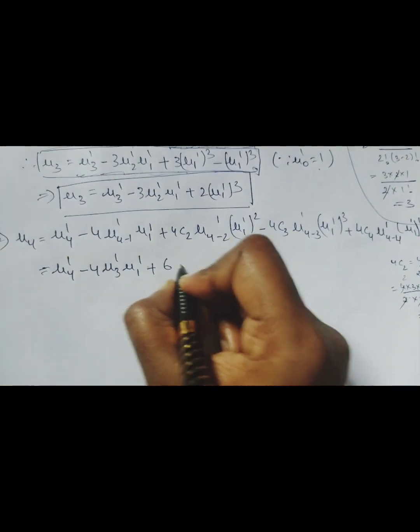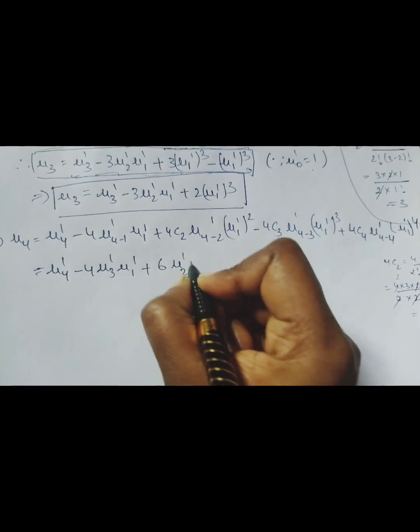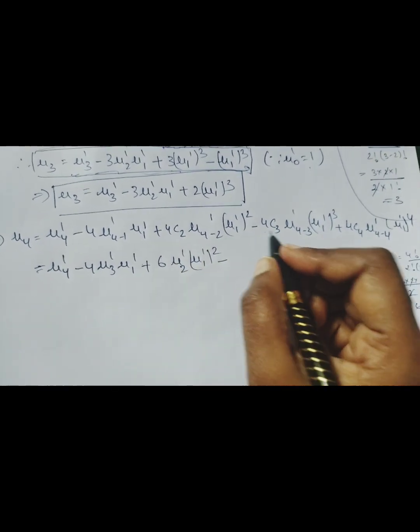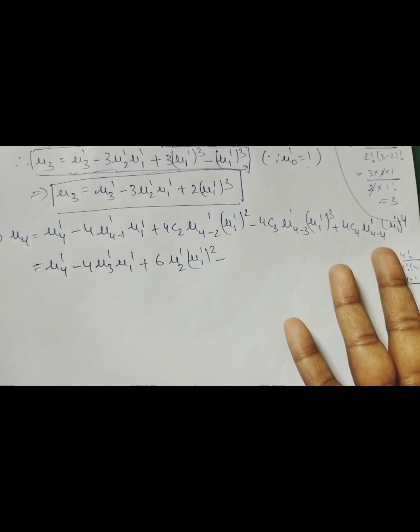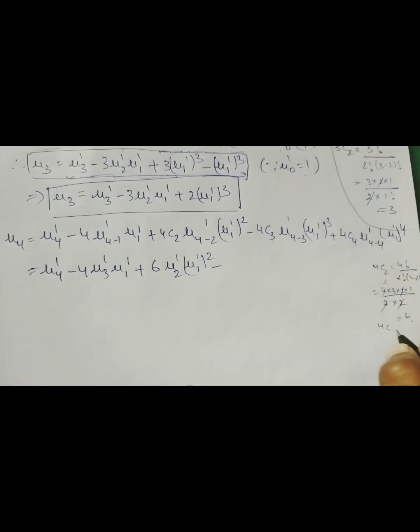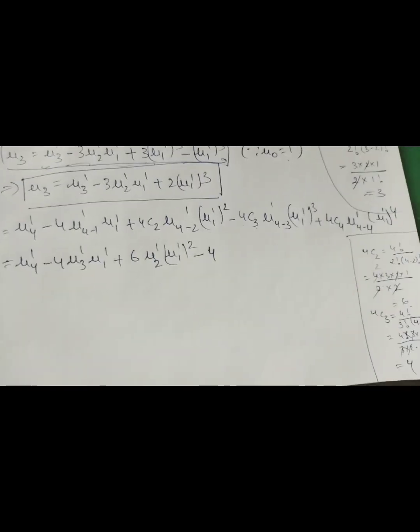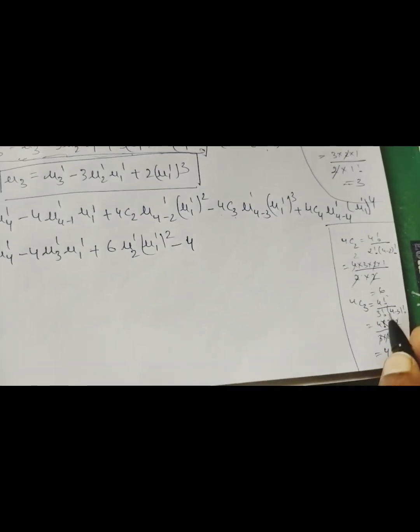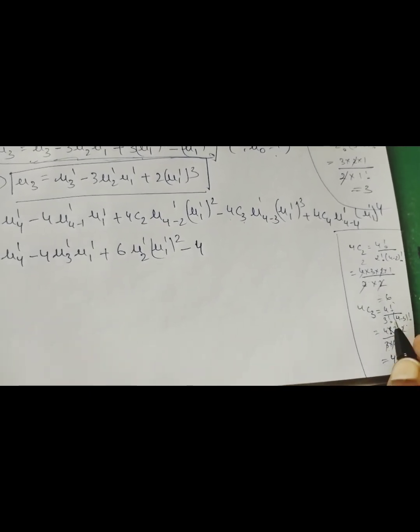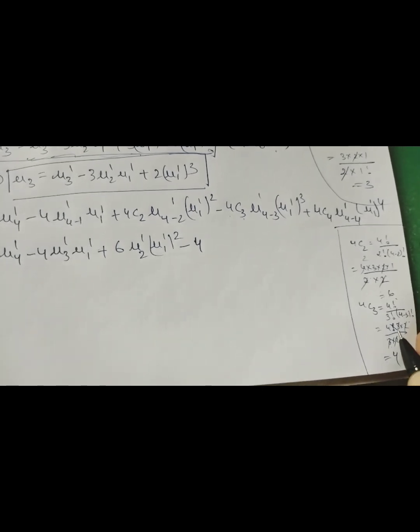So 4C2 is 6, μ2' into μ1'², minus 4C3. 4C3 is obviously 4 only, but that also we will do here: 4 factorial by 3 factorial into (4 minus 3) factorial. 4 into 3 into 2 divided by 3 factorial, which is 3 into 2, and (4 minus 3) factorial is 1. So 3 into 2 gets cancelled, and the leftover is 4.